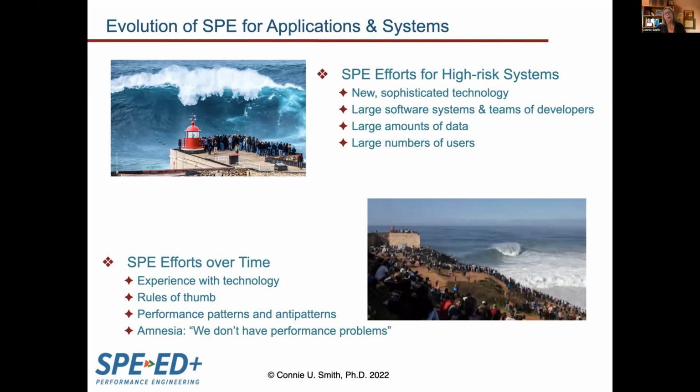So maybe that's where we are, and maybe that's where we're going to be in the future. But notice this little wave over at the side. That wave could be developing into something bigger, and we might yet find ourselves confronting new high-risk systems as we invent new technologies and new applications. So we still don't have our answer yet.